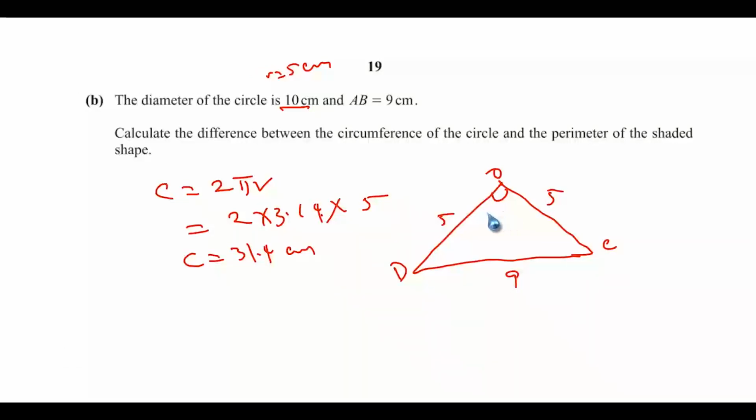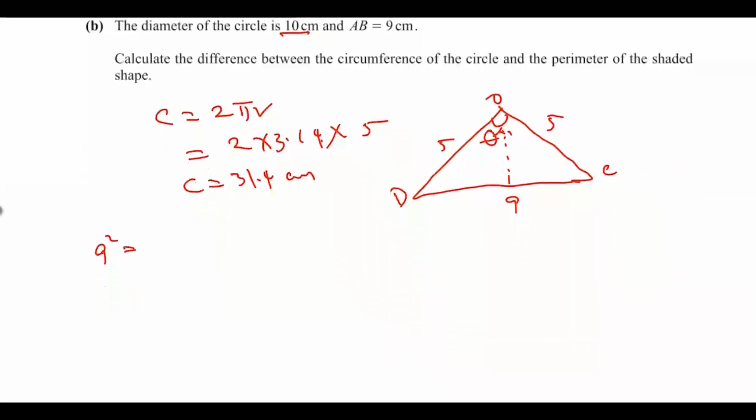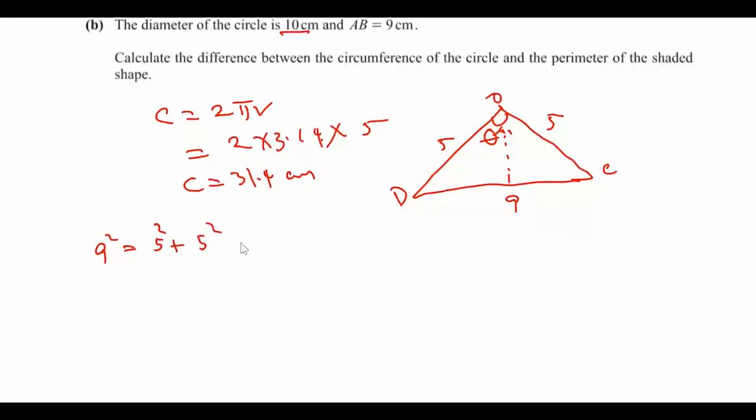We want to find the angle opposite the side of 9, so we call it theta. Using the cosine rule, that would be 9 squared. If you understand the cosine rule, you don't need to write the formula, just apply it straight away. It equals the sum of the squares of the other two sides, 5 squared plus 5 squared, minus 2 times 5 times 5, times cos theta.